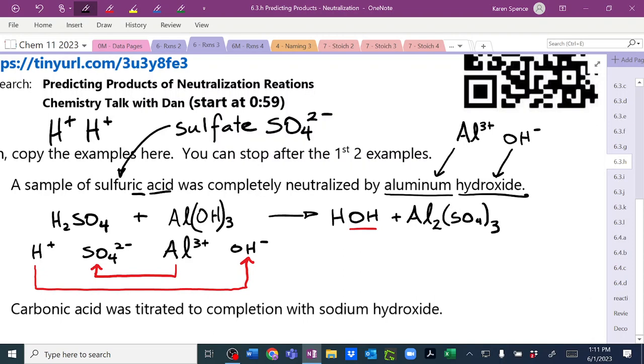Now, to make your balancing life easy, you should start by balancing the ions in which compound? The most complicated compound. Okay, so this one right here, it's got all kinds of subscripts. So this has the most subscripts. So it is the most complicated.